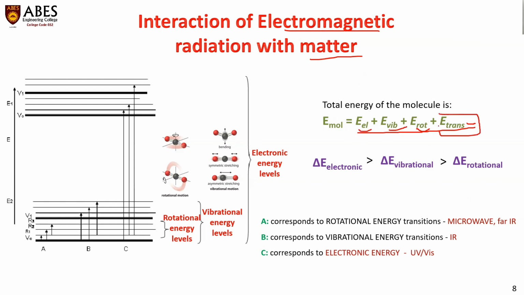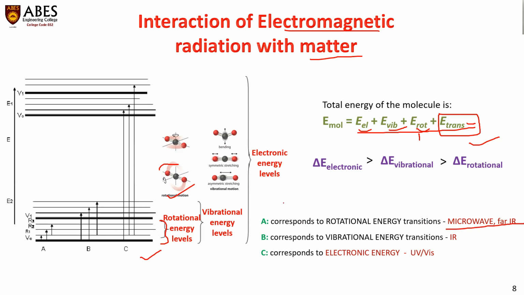The energy change by translation is very low and negligible in molecular spectroscopy. When molecules absorb energy sufficient only for rotation, they change their rotational level from R1 to R2. These energy changes are recorded as rotational spectra and are observed in the microwave and far IR region.